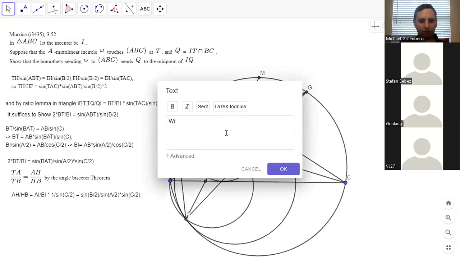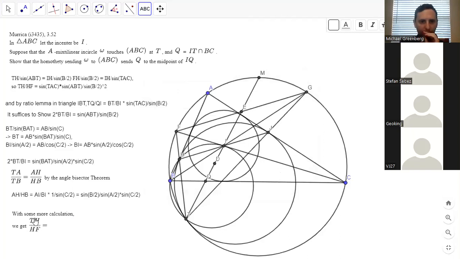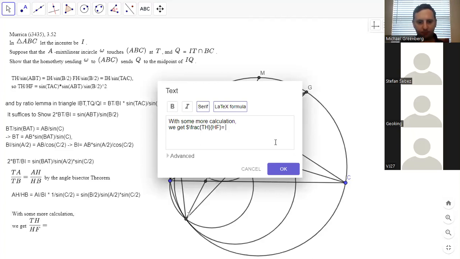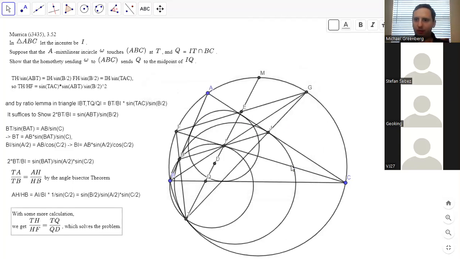So I'll say with some more work, we get TH over HF equals TQ over QD. Which solves the problem. So yeah, thanks for looking through all this algebra. Yeah, so that should finish it off.